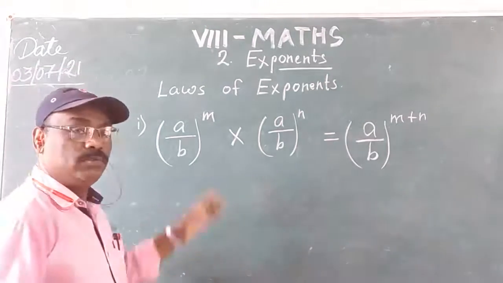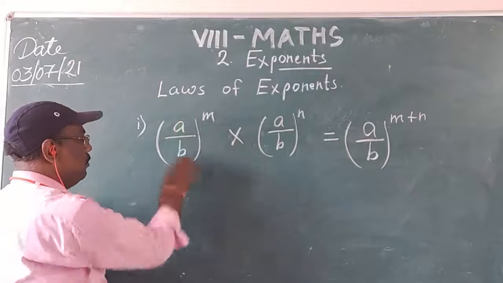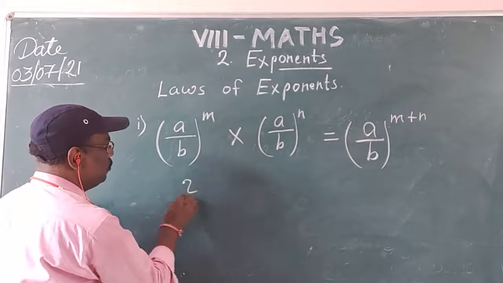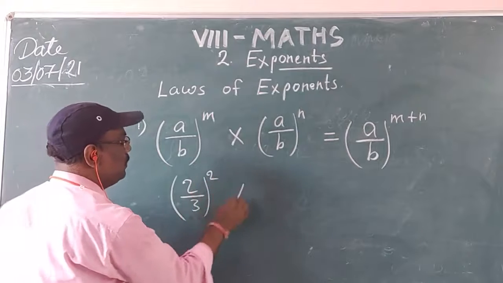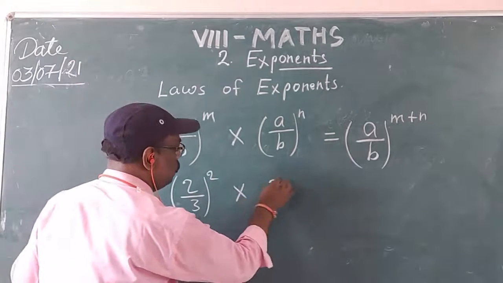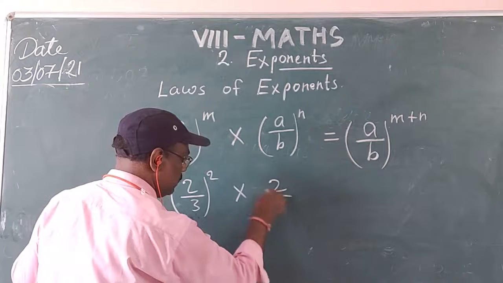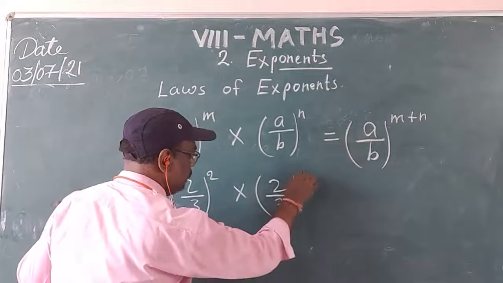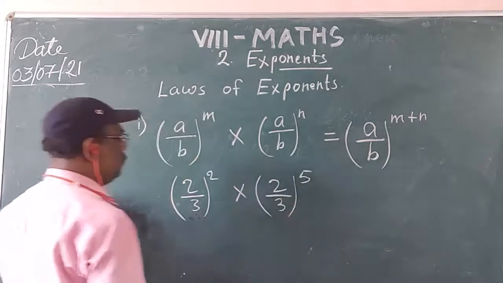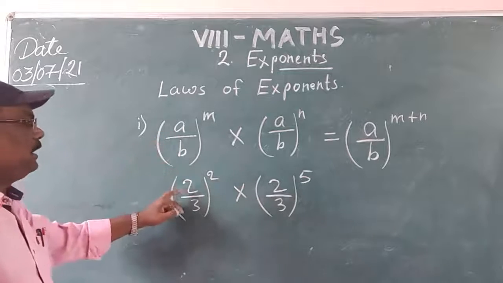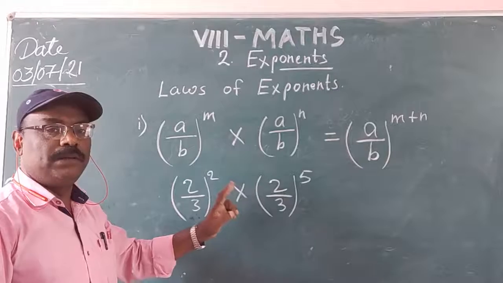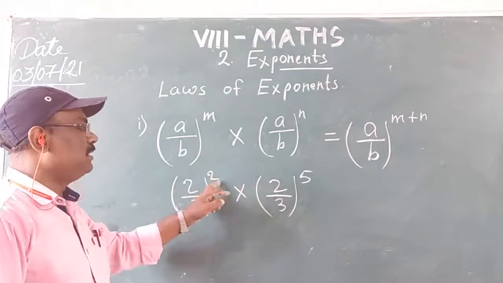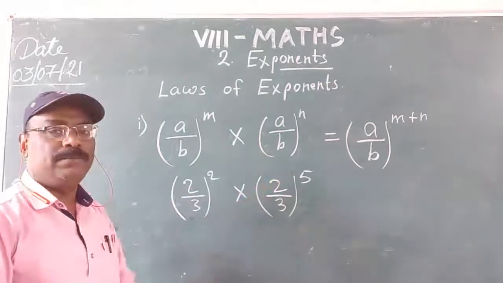Now for an example, instead of A by B, I have written here 2 by 3 to the power 2, into 2 by 3, the base remaining the same, to the power 5. In place of A by B, I have written 2 by 3, in place of n, I have written 2, and in place of n, I have written 5.